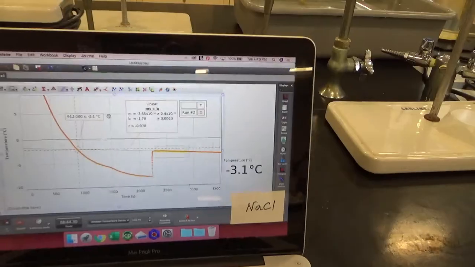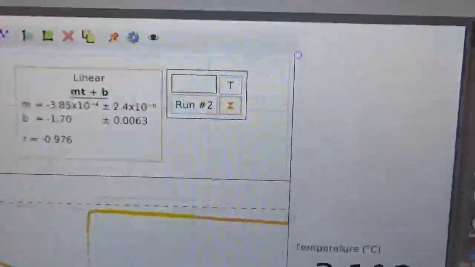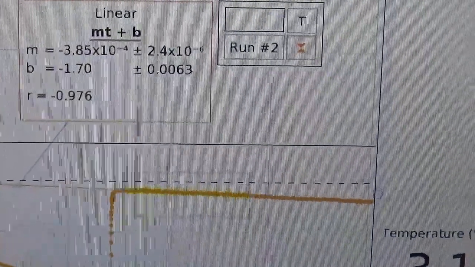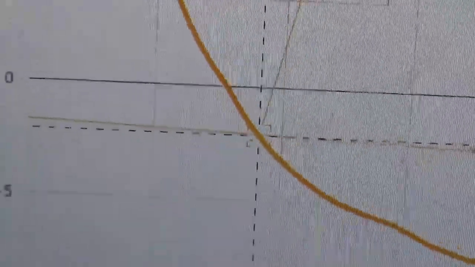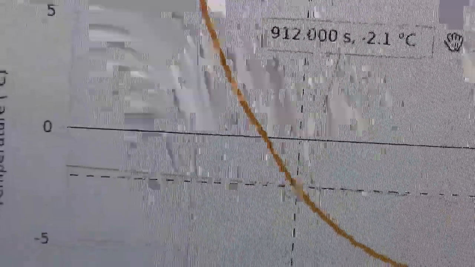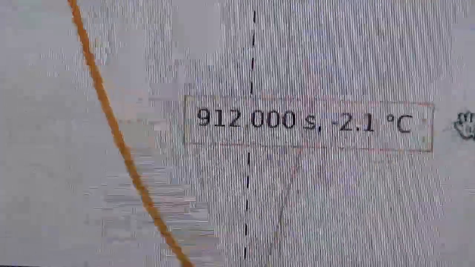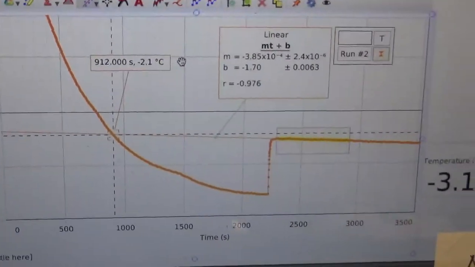So we took the horizontal portion, almost horizontal portion of this curve, extrapolated it back to the freezing point curve, and then we put a coordinate crosshairs on there and found that the temperature of the freezing point is negative 2.1 degrees C. This is standard procedure, believe it or not, for finding a freezing point.